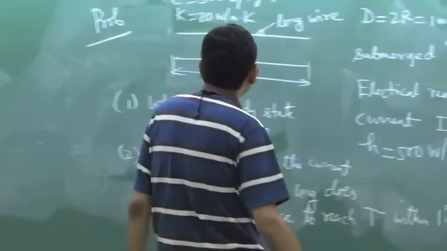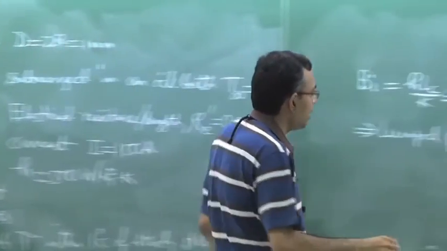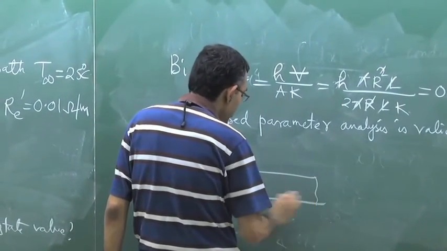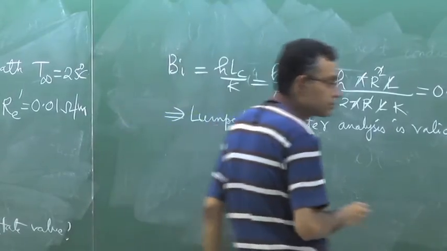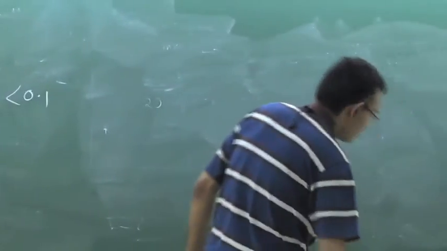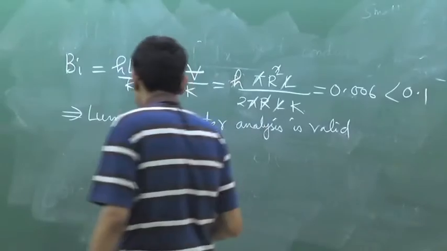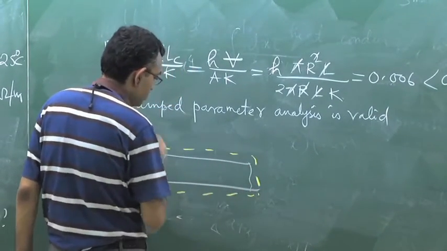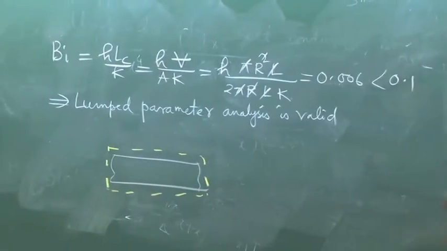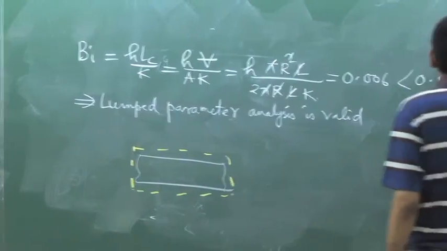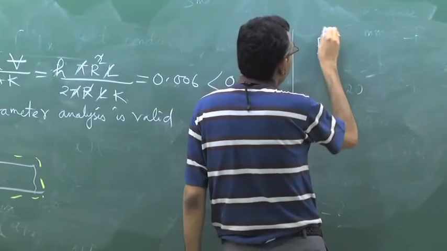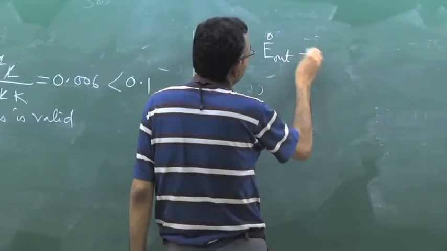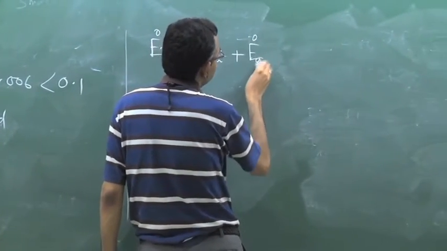So, now let us try to make a control volume analysis of this electrical wire. Energy in minus energy out plus energy generated.